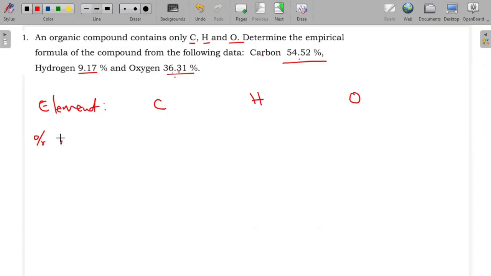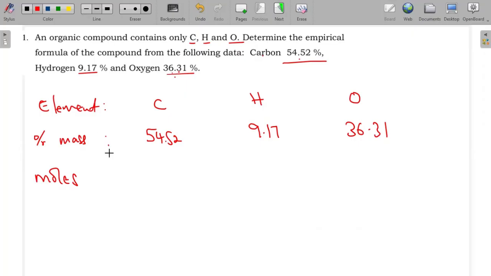Now you say mass percent, and you put the percentages down where the element symbol is. This one is 54.52, this one is 9.17, this one is 36.31. Then from there, you find the moles.